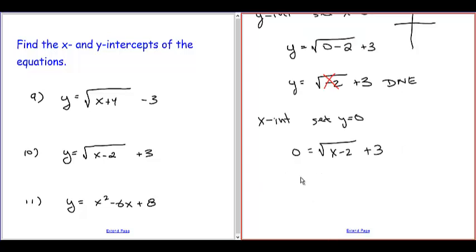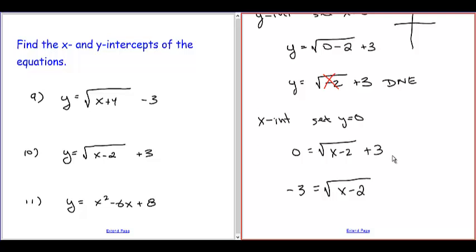So we take this to the left-hand side. So you get negative 3 equals the square root of x minus 2. And actually, I think I had, is that right? Yeah, it's plus 3.